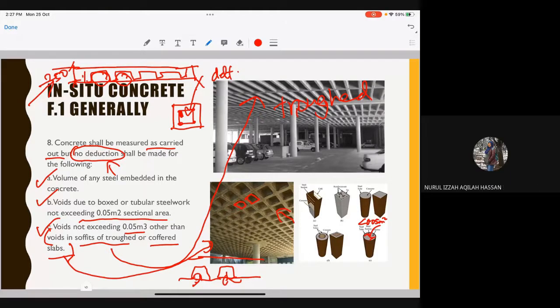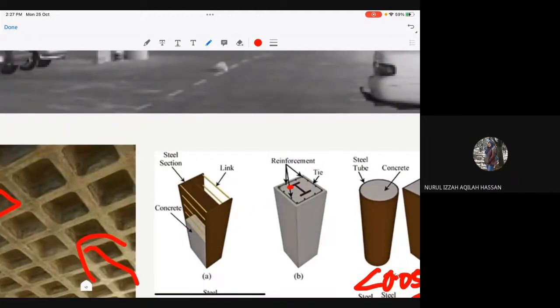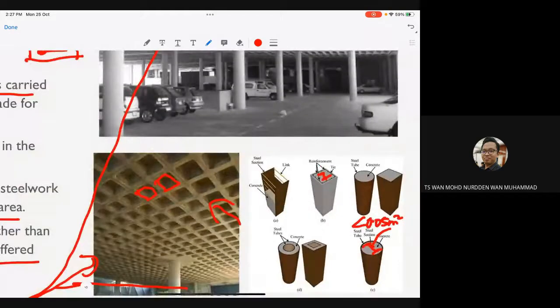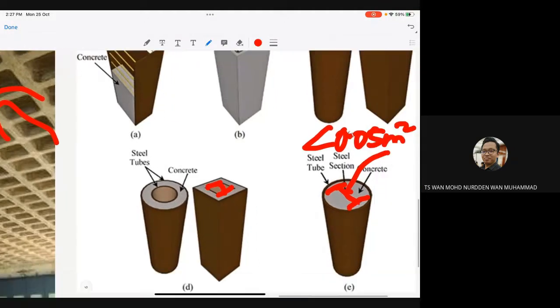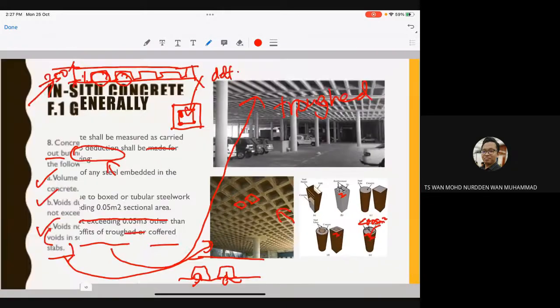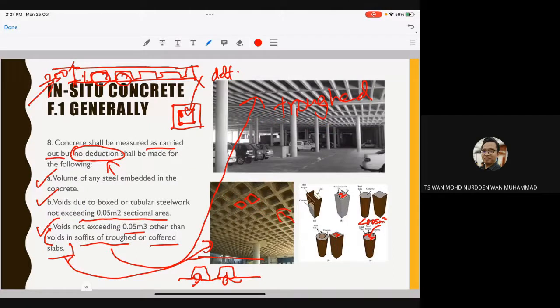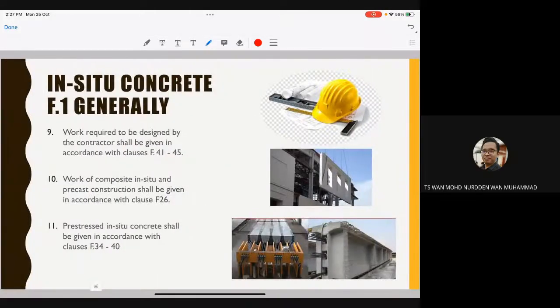Dalam konkrit. Dalam konkrit tu katakanlah macam kes tadi lah, ada beam apa tu, steel structure dalam kita punya konkrit, macam ni. Okay. Tapi kalau kita cross section dia tak lebih daripada 0.05 meter square, so tak perlulah. Okay.